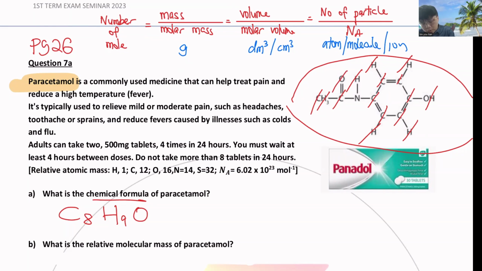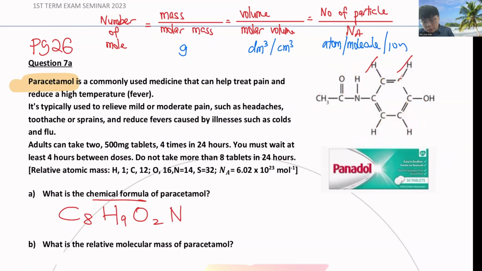One oxygen, two oxygen, O2, and for nitrogen we have N1. So this is your final formula: C8H9O2N.